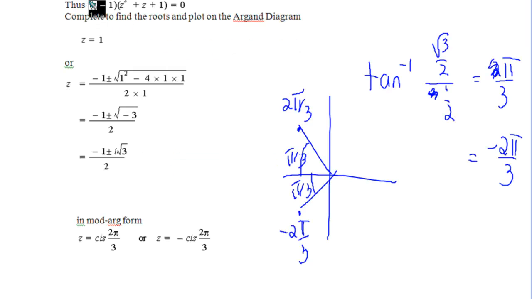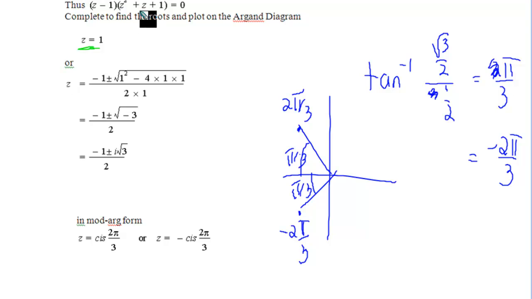What about for z cubed is equal to 1? We can do this one a number of ways. z cubed minus 1, what we call the cube roots of unity. We can factorise: we get z minus 1, z squared plus z plus 1. So if we want to get the roots and plot them on the Argand diagram, z is equal to 1, which comes from the first bracket.